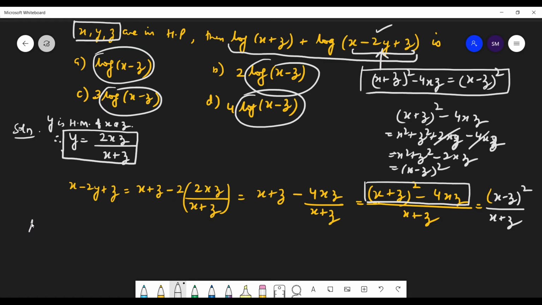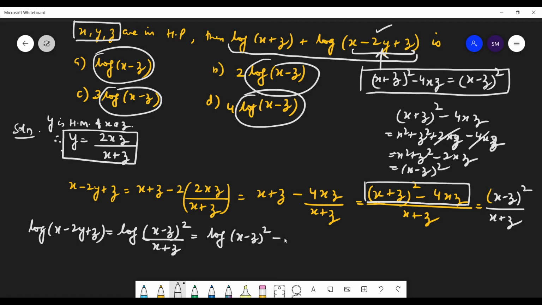So now you can write it in the form of log. So taking log both sides. So here you will get that is equal to log of x minus z whole square divided by x plus z. And that you can further write as log of x minus z whole square divided by log x plus z.